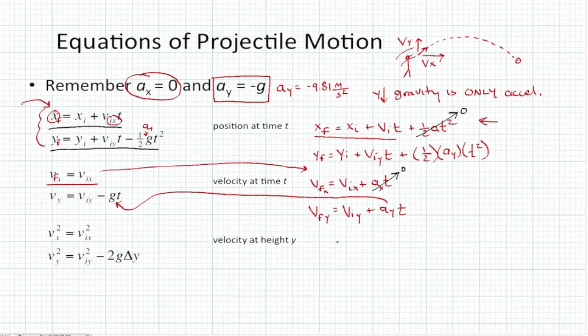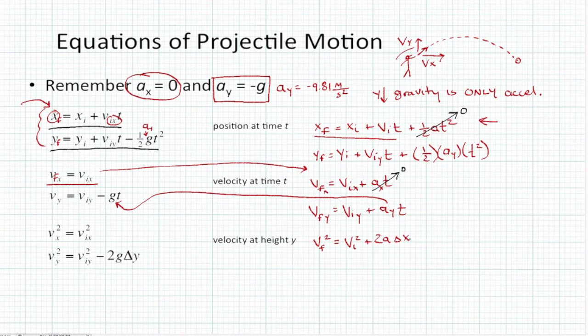And finally, this I believe was our equation 5 that we derived from before. Velocity final squared equals velocity initial squared plus 2 times the acceleration times the displacement, 2a delta x.